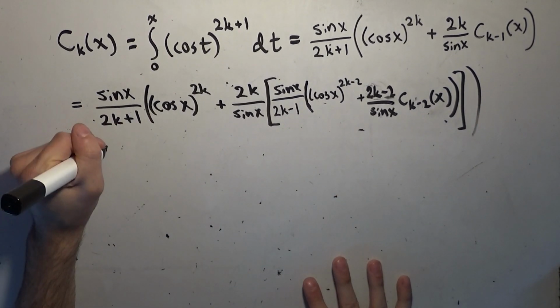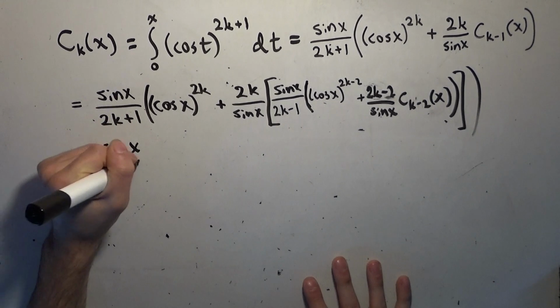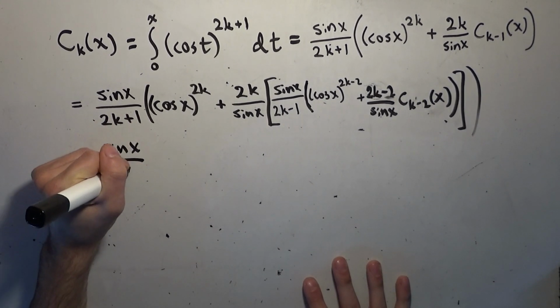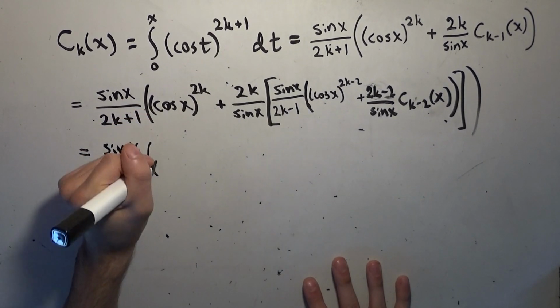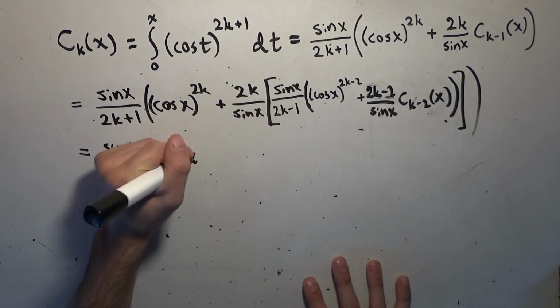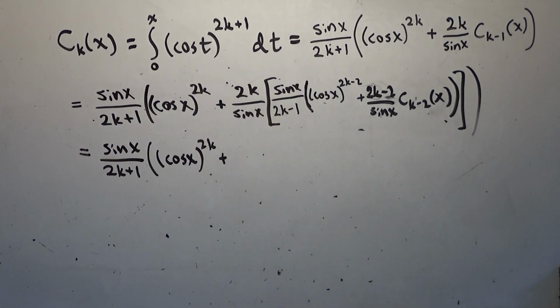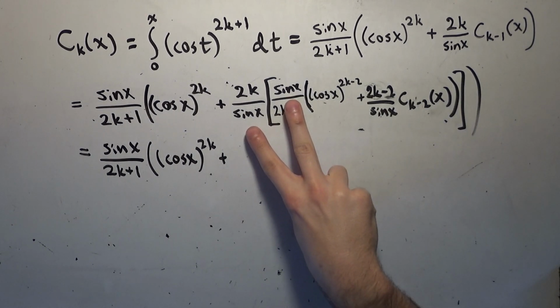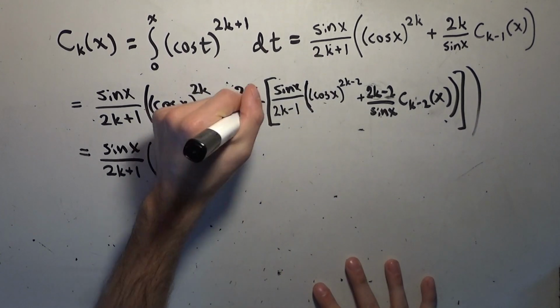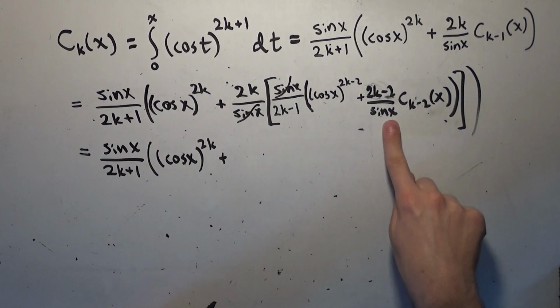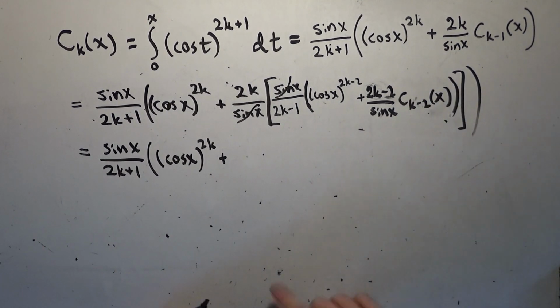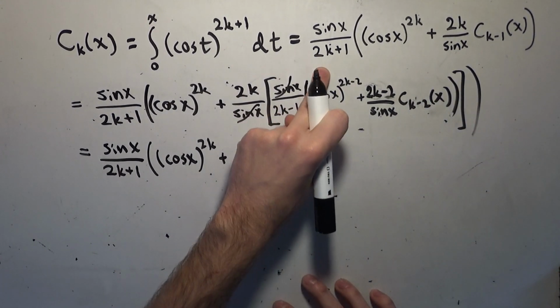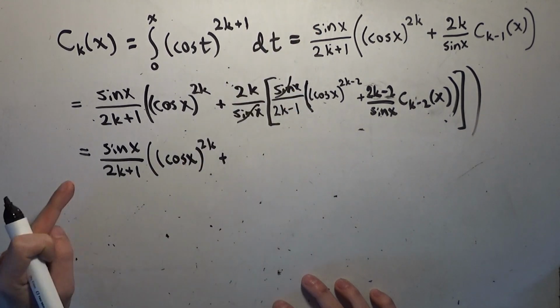All the signs are a little confusing looking, but you'll see that they just reciprocate each other and cancel. So we have our cosine of x to the power of 2k. Now let's see what occurs. So these two signs are going to cancel, right? And that's good. These two signs are going to cancel, and we're left with this one in the reciprocal like we were before, and still only with the first one out the front, like we had right here.